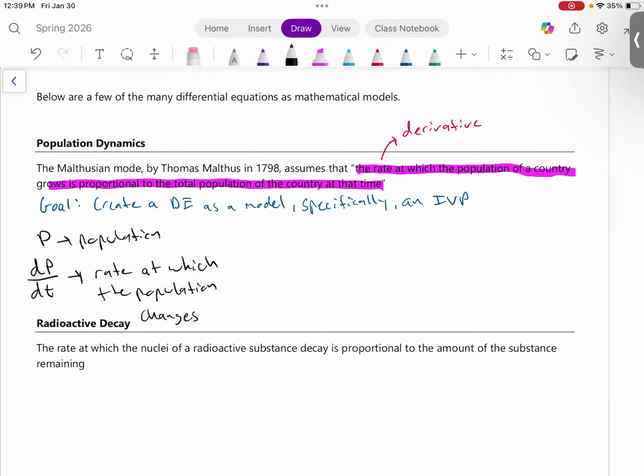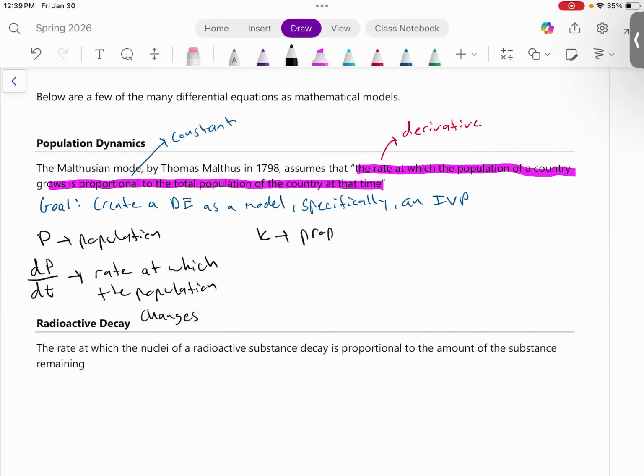Okay, so the rate at which the population of a country grows, and then this next keyword, proportional. When you see that word within these model questions, it's really just a constant. What we typically designate as the proportional term is k.